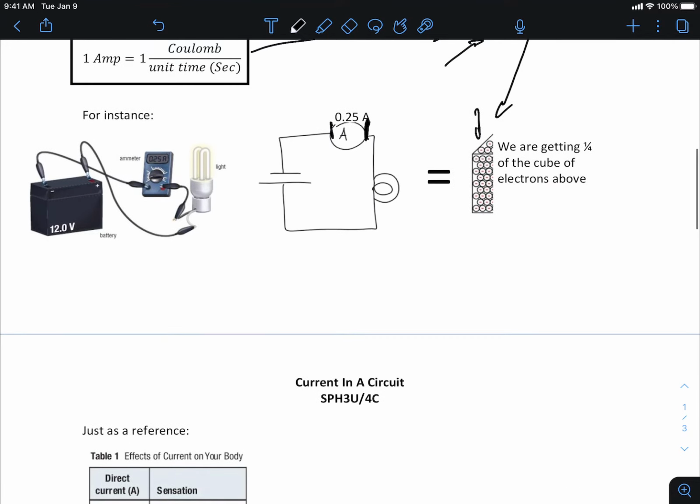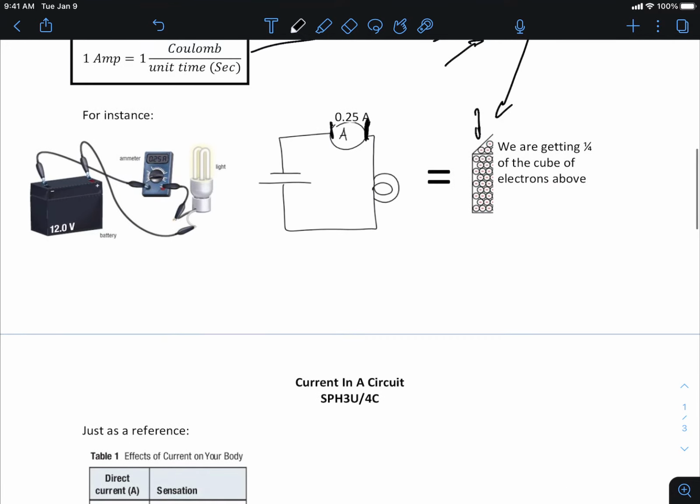Conceptually, an amp is the amount of current flowing through a wire, so there's a charge flowing through that wire per unit time, and that tells us how much is going through the wire every second. We don't need to memorize the equation. It must follow suit with what we've written here. I has to equal the charge, which we denoted as Q, over T, or delta T. We can even change this to seconds, coulombs per second.